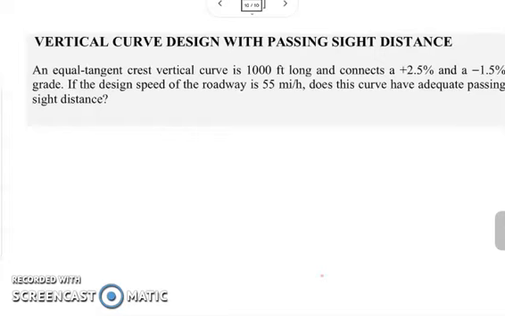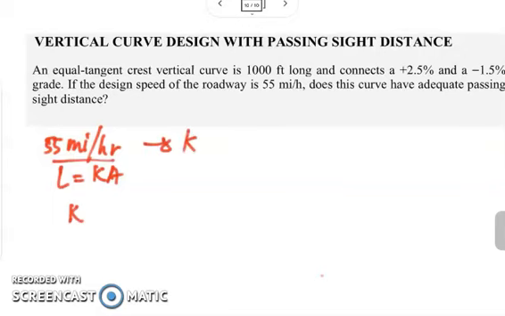So for that one, we have our equation from the design. The design speed is 55 miles per hour. So we use L, which is equal to K times A. And from our table 3.4, the value for K for the design speed of 55 miles per hour is equal to 289.